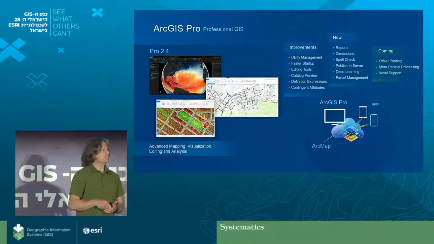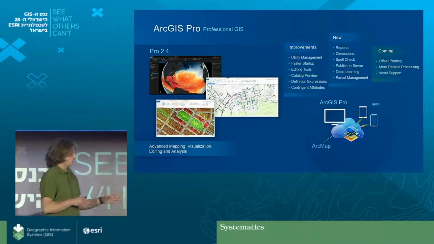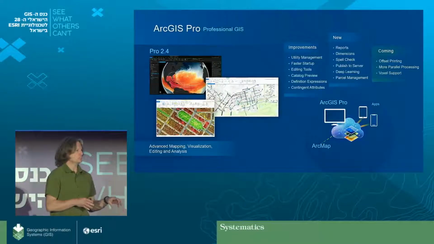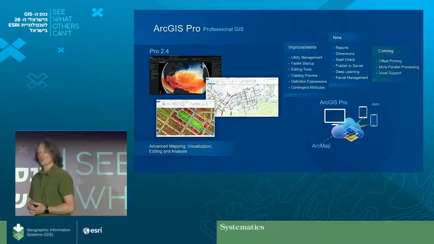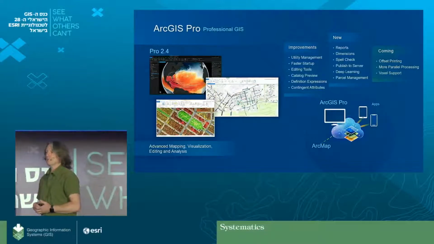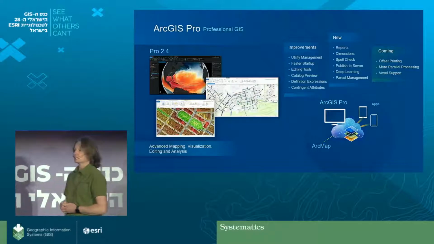ArcGIS Pro continues to evolve, and the focus of the team has really been on replacing all the capabilities within ArcMap to make sure that you can transfer your workflows from ArcMap-based workflows over to ArcGIS Pro. And the team's getting very close to declaring victory on that transformation.